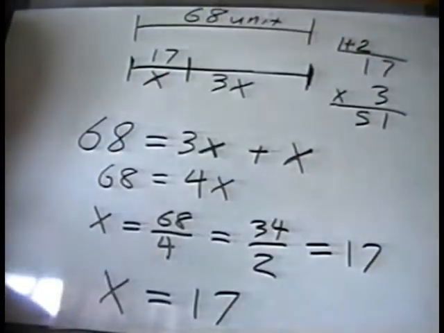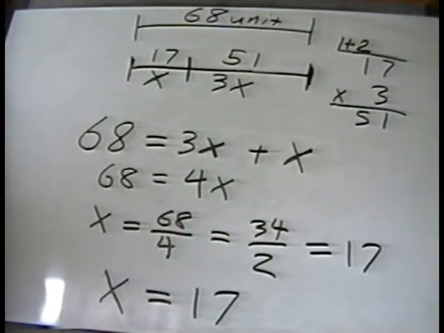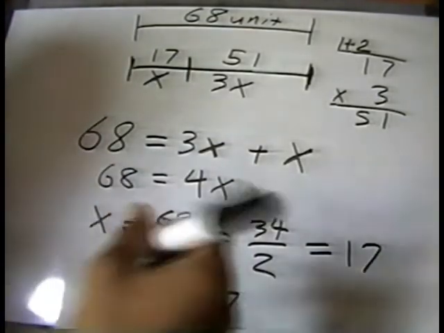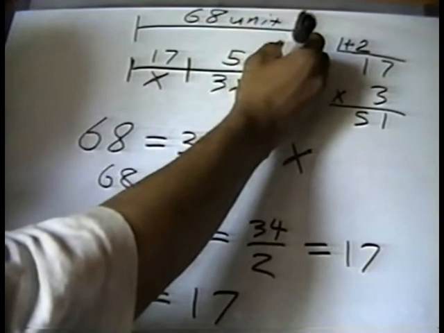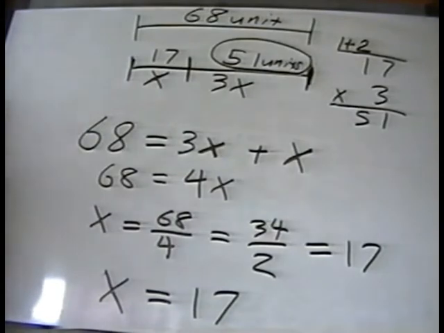So it's 51. If you check on the calculator, you can see that it is correct. So the length of the larger part is 51 units. Okay, so the answer is 51 units. That is what we were trying to find.